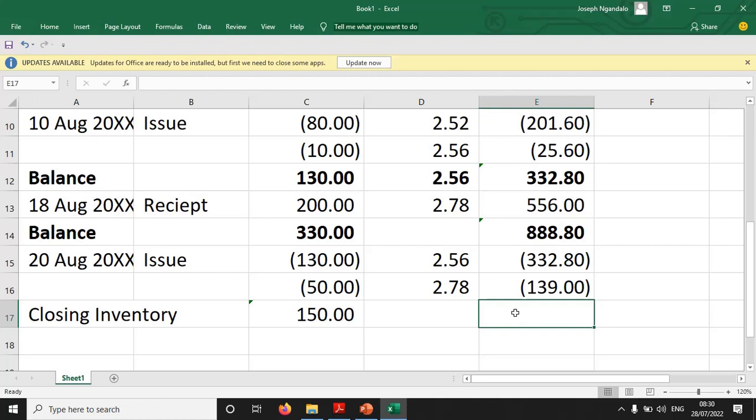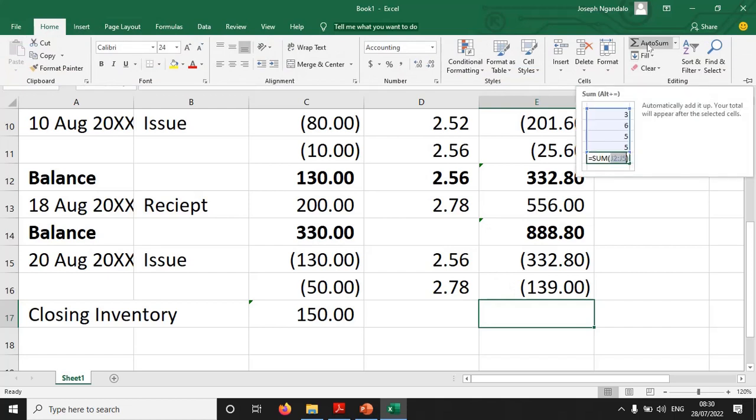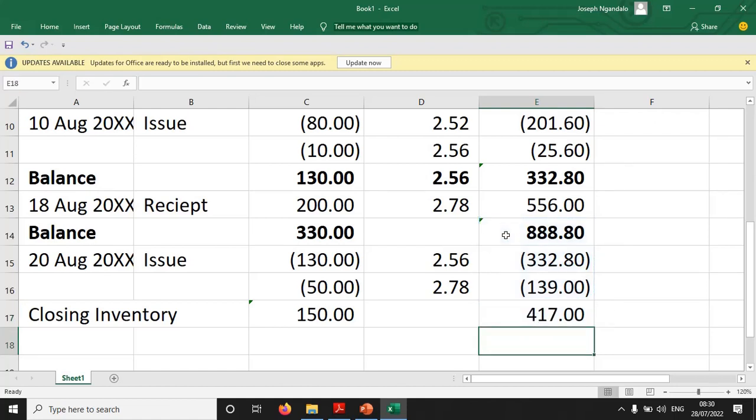What about here? $417. Supposed to be 0.8 or 417 sharp.